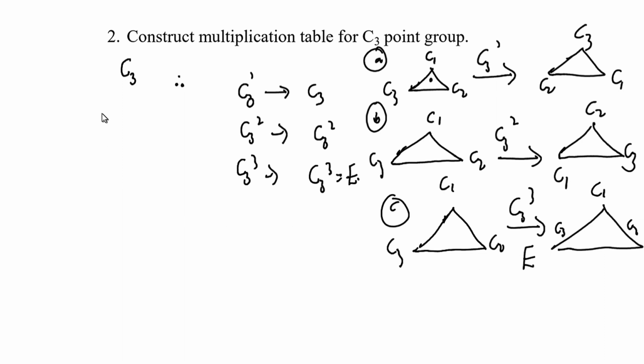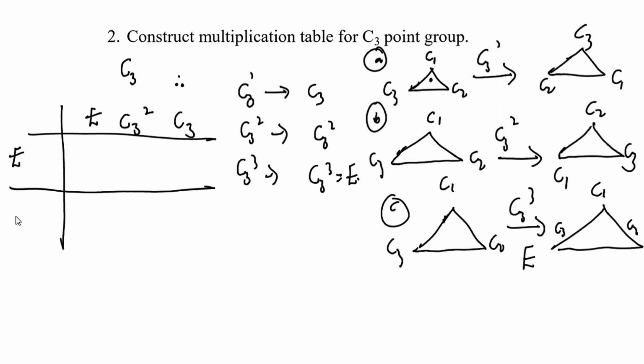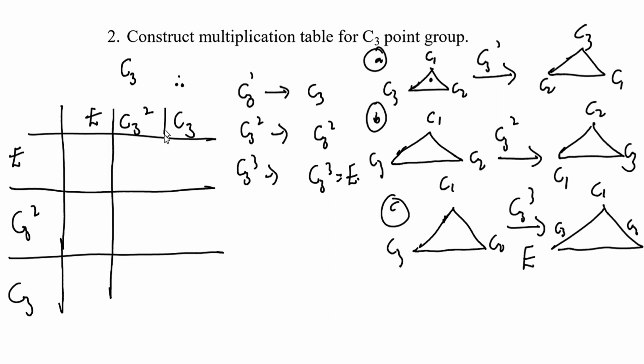So to construct the multiplication table, we need to have identity, C3 squared, and then C3. So it's going to be identity, C3 squared, and then C3 on this side, and on this side also identity, C3 squared, and then C3.